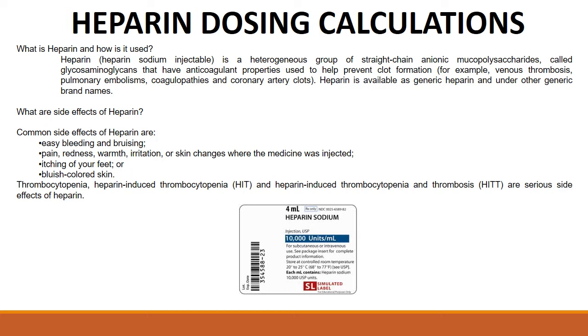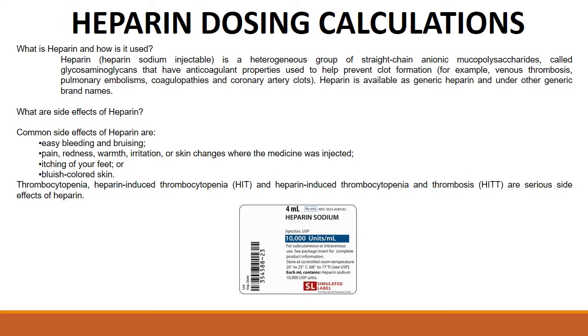Heparin, or heparin sodium injectable, is a heterogeneous group of straight chain anionic mucopolysaccharides called glucosaminoglycans that has anticoagulant properties used to prevent clot formation. For example, we have venous thrombosis, pulmonary embolism, coagulopathies, and coronary artery clots.